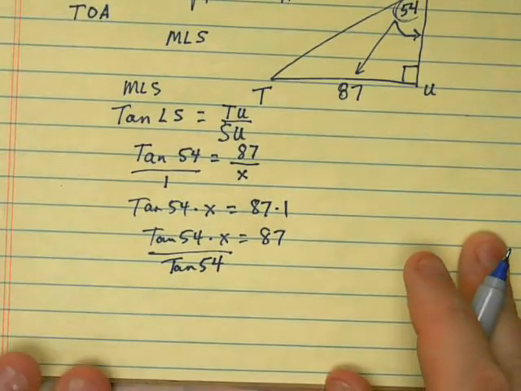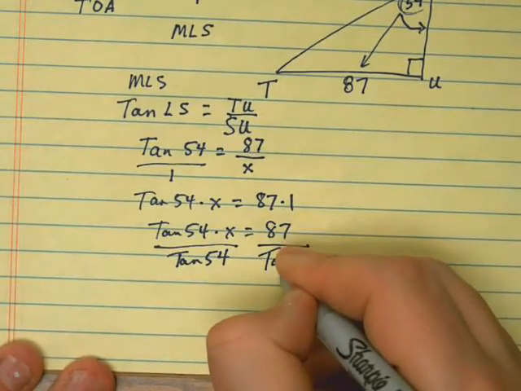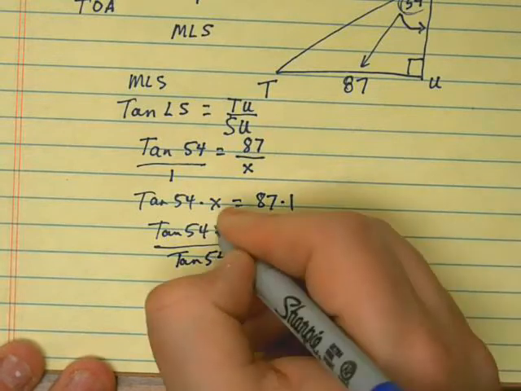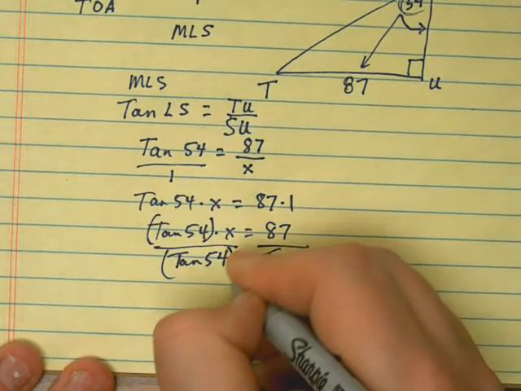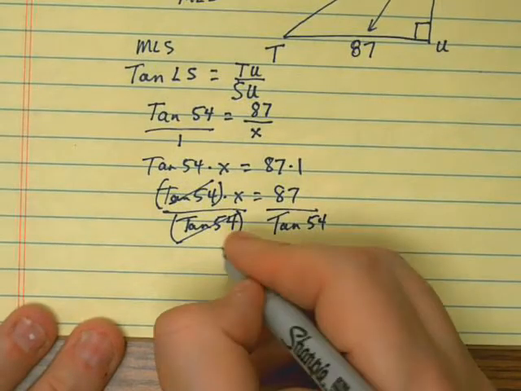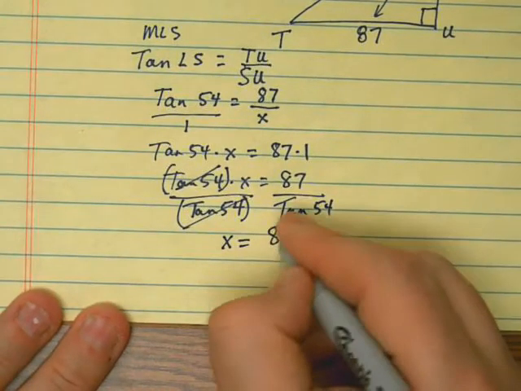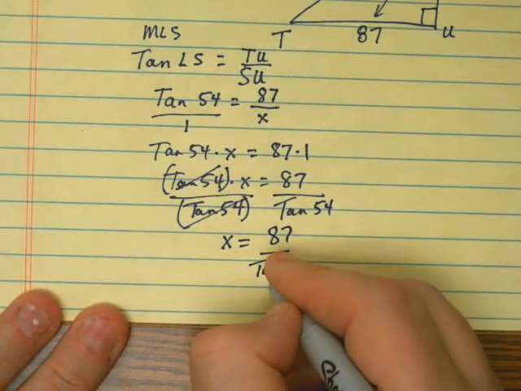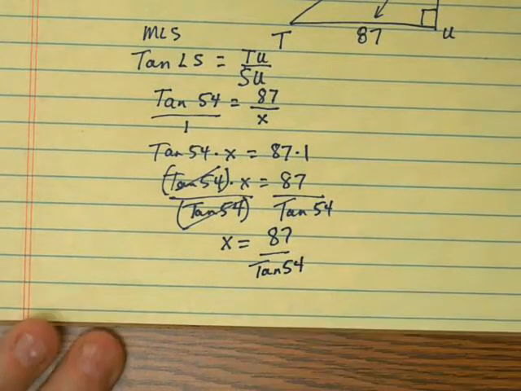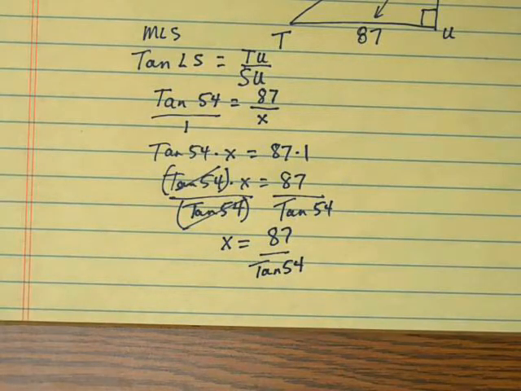I'm going to divide by the tangent of 54. So I'm left with x is equal to 87 divided by the tangent of 54. It's really just Algebra 1, solving a proportion.